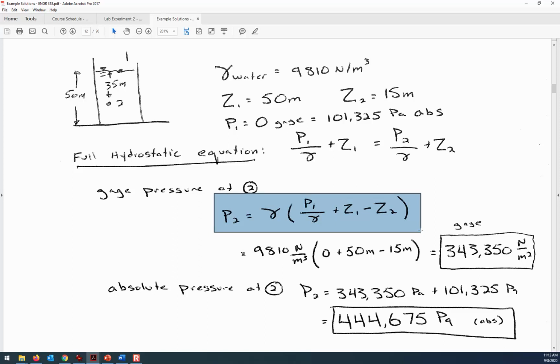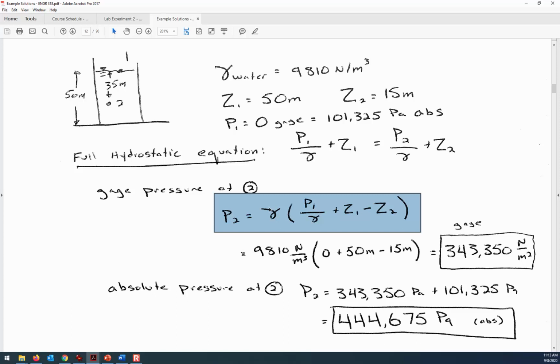And so saying that the pressure at location 2 is going to be, like what's causing that pressure? Well, what's causing that is the weight of the water, the amount of water above it, the distance of water above it. And so you can see when I've rearranged this symbolically, we've got the Z1 minus Z2 multiplied by the unit weight gamma.